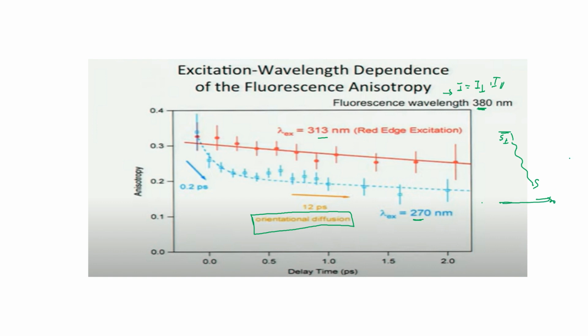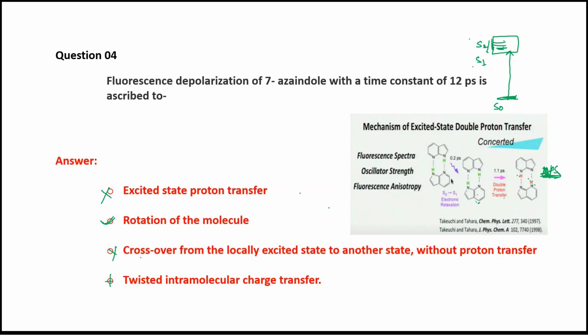Okay. So the answer to this question is that the step you observed at 12 picoseconds, which has a lifetime of 12 picoseconds, is due to the rotation of the molecule and not due to crossover or excited state proton transfer. Okay, if you have any doubt in this question, just ask, or else we'll proceed to the next question.